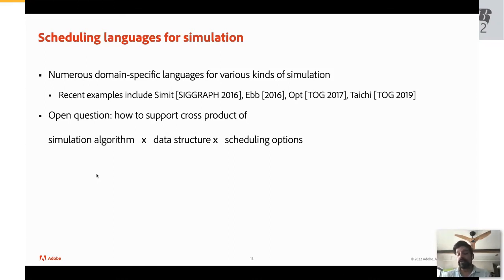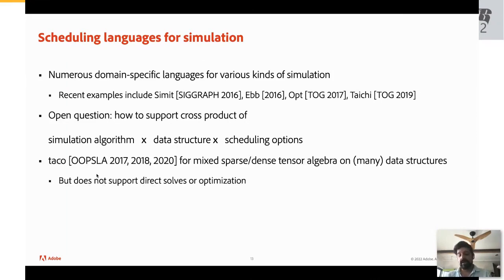So in one sense, one could say that we're still kind of exploring what is the Halide of simulation. And part of that is simply because there's a huge diversity of simulation algorithms, there's a huge diversity of data structures, and given those, you end up with a massive scheduling space.